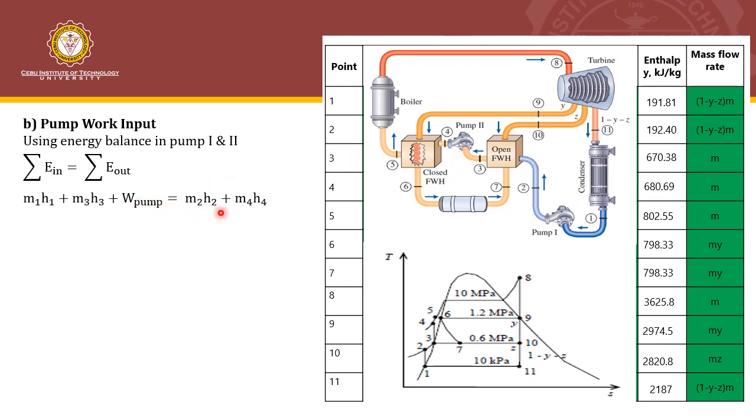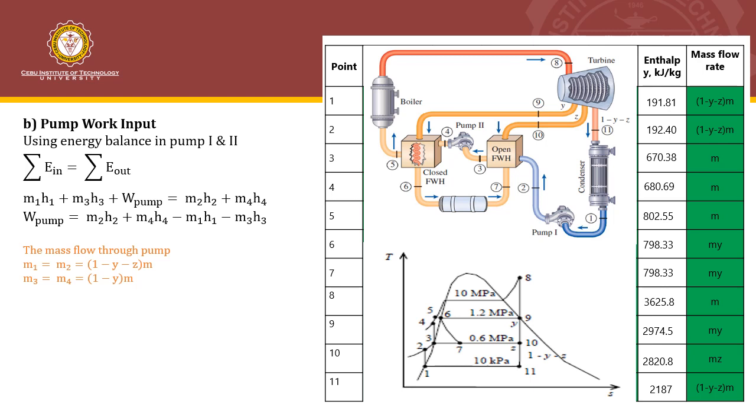The energy leaving are at point 2 as well as point 4. So as you can see, we already combined the process instead of having individual energy balances for pump 1 and pump 2. So rearranging, we can get the equation for the work of the pump, but we need to substitute the value of the mass flow rate through the pump. We know that m1 is equal to m2, and that is equal to (1 minus y minus z) multiplied by m.